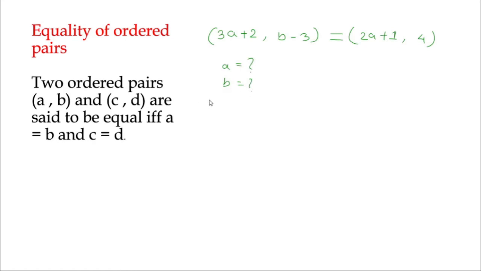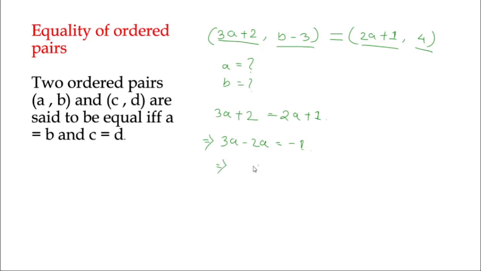As we have studied here, to be equal, two ordered pairs must have corresponding elements the same. That means the first element is equal to this one and the second element is equal to 4. So I can write 3a plus 2 equal to 2a plus 1. Now I have to solve this equation and find the value of a. This will be 3a minus 2a equal to minus 1.